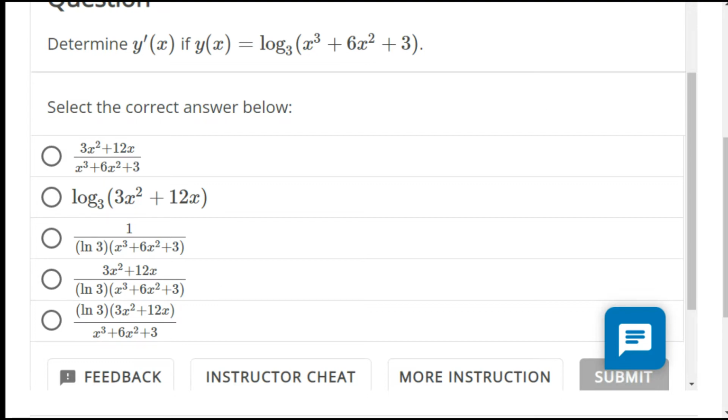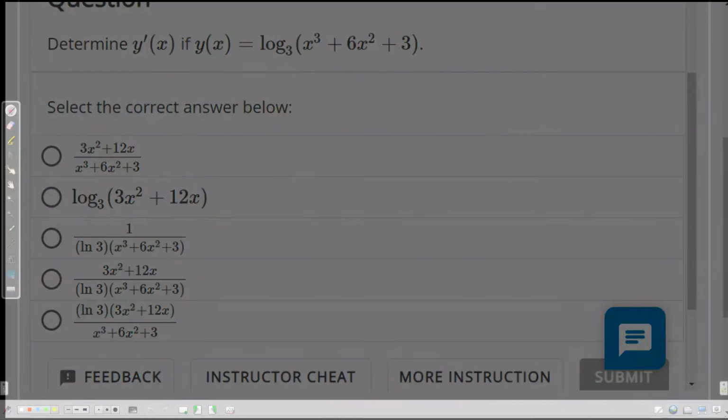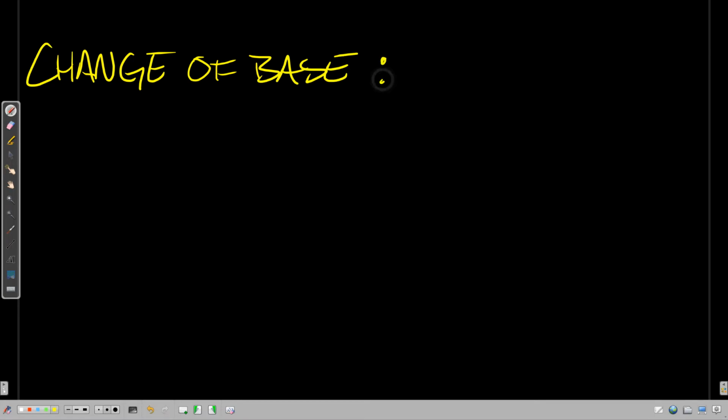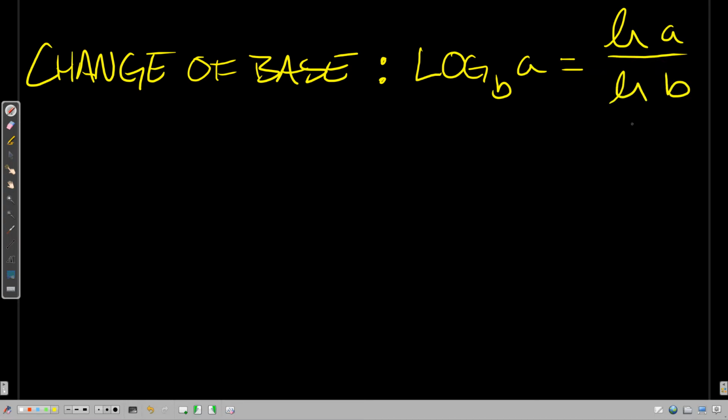So you will need to use your change of base formula. Change of base formula is extremely powerful. It says that if you have some logarithm with this base and this argument, it is just the natural log of A over the natural log of B. Very handy.